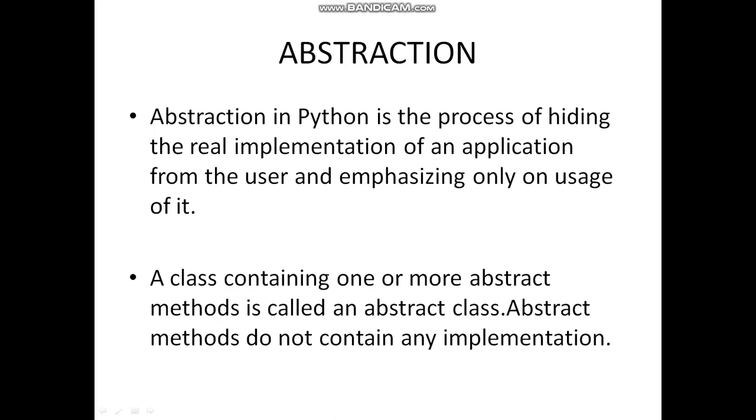All the implementations can be defined in the methods of a subclass that inherits the abstract class. An abstract class is created by importing a class named ABC from the ABC module and inheriting the ABC class. I'll be showing you how you can do that.